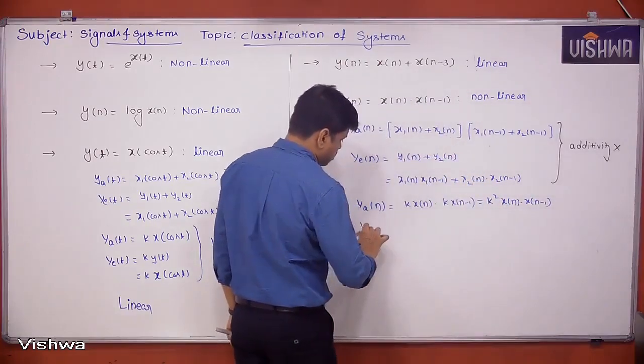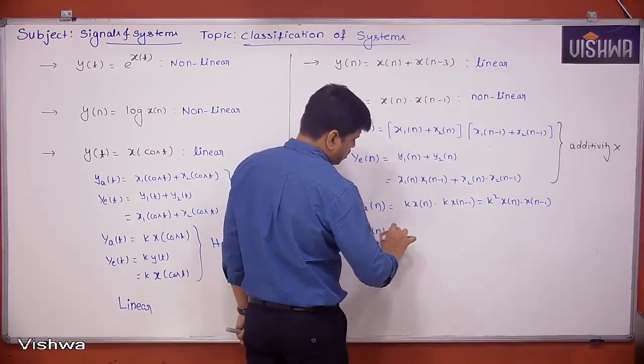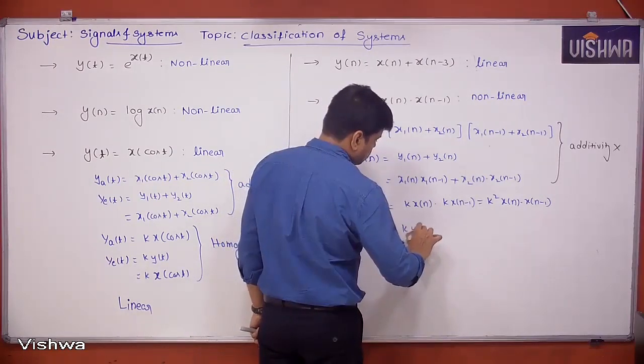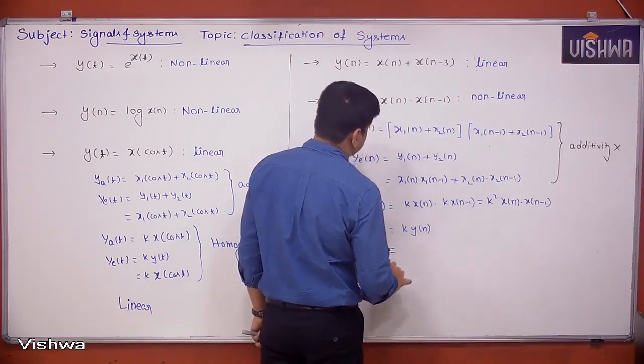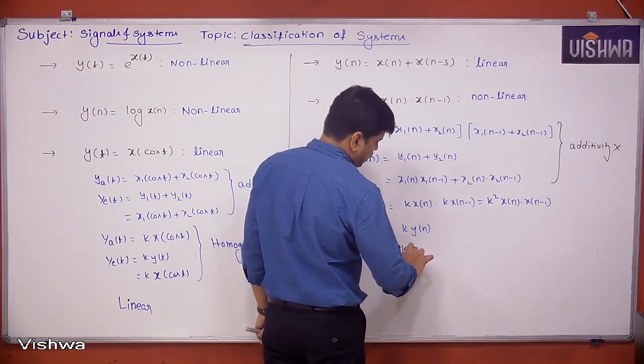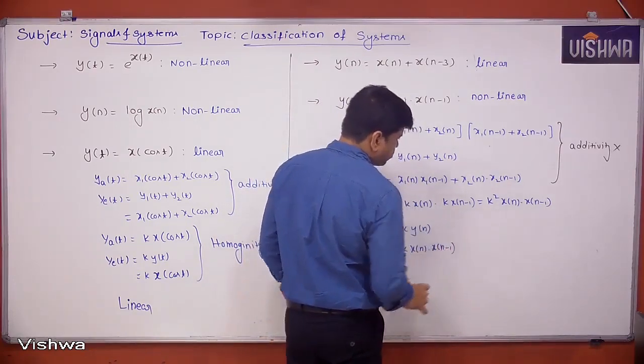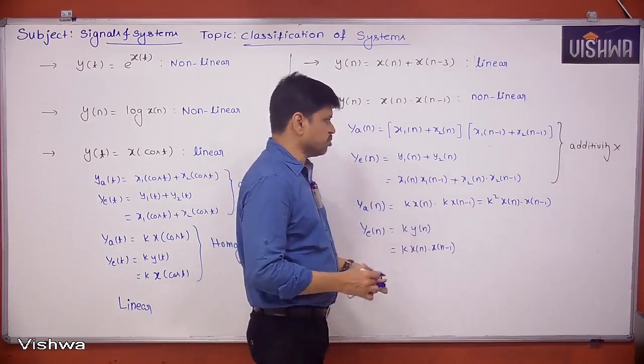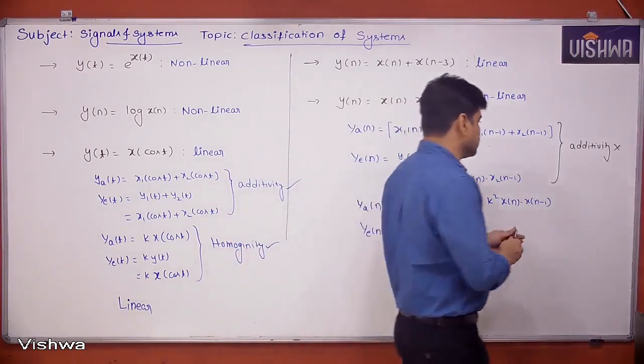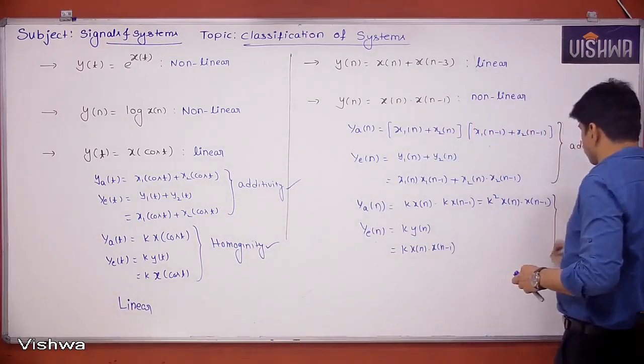Whereas expected output is nothing but ky of n. So simply multiply the output with k. So it is k x of n into x of n minus 1. If you observe carefully, this is k square, this is k, both are not equal. So I can say this is not satisfying homogeneity also.